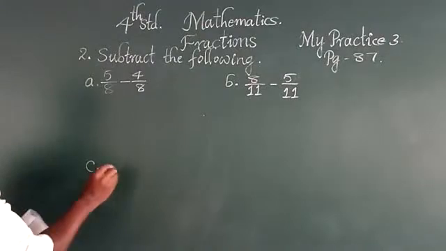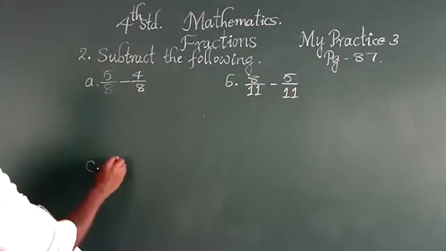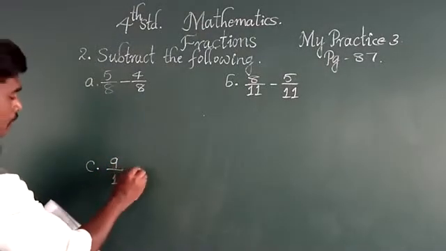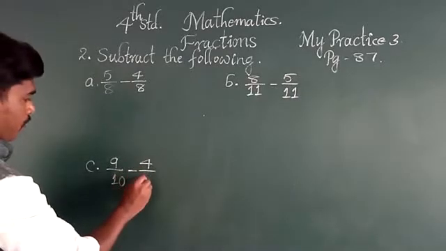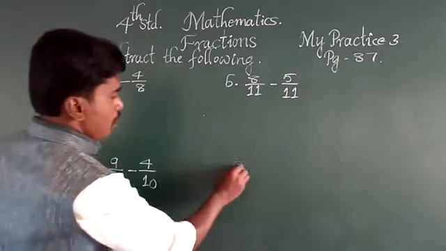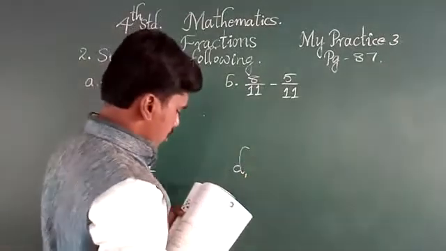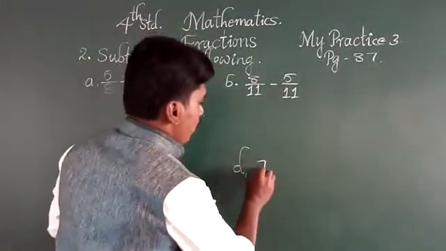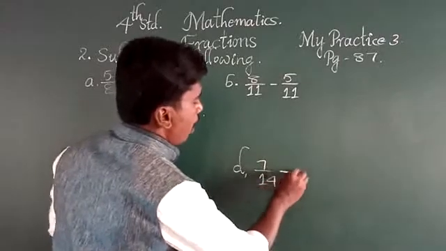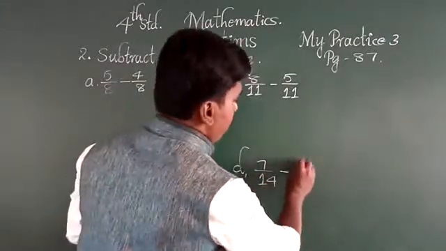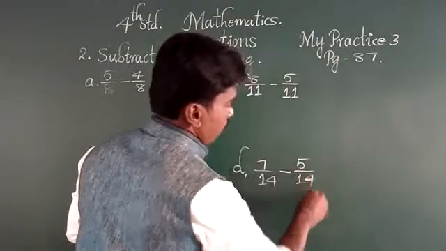C, 9 by 10 minus 4 by 10, and D, it is 7 by 14 minus 5 by 14.